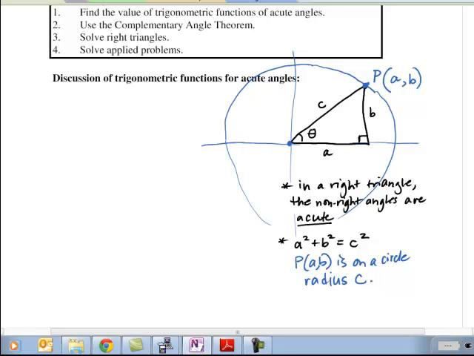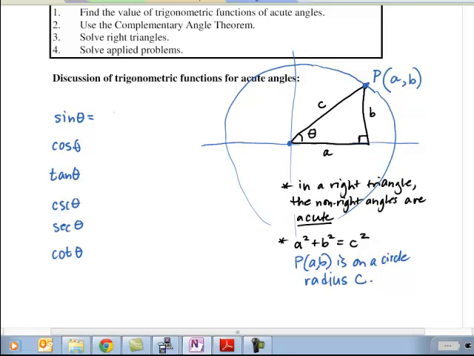So we can use what we'd had before for our sine and cosine and tangent, and the others as well, cosecant, secant, and cotangent. For this particular circle and that point AB, if the circle is not radius 1, we took the y-coordinate divided by the radius.